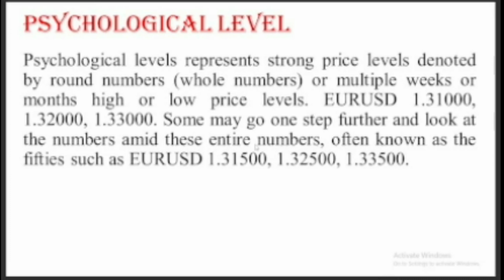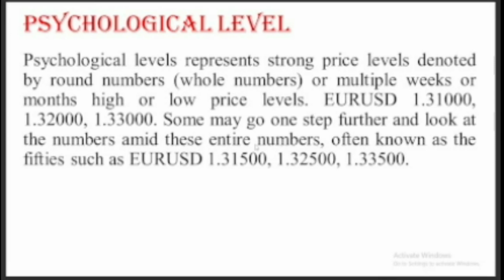In the case of EUR/USD, the currency pair, the euro against the dollar, we have 1.3100. This is a multiple of 100. We have 1.3200. The pips difference between 1.3100 and 1.3200 is 100 pips.